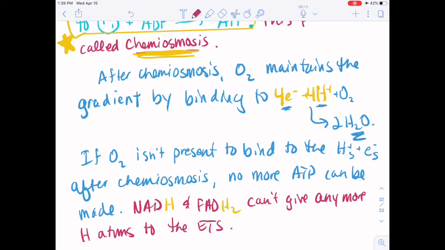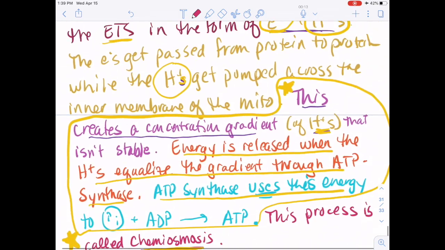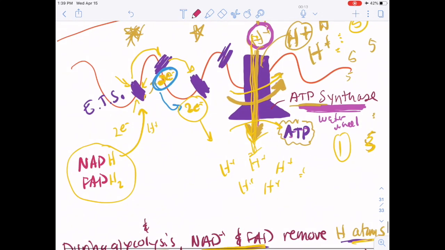Let's say you're running a marathon, and your heart is working really hard to pump all the blood to all of the cells in your body that need it, because your cells need the oxygen that your blood is carrying, right? Your red blood cells are carrying oxygen to your cells through your blood. And if your heart can't pump the blood fast enough, if your cells can't get the oxygen that they need fast enough, you're going to have a situation like this back up here where there's no O2.